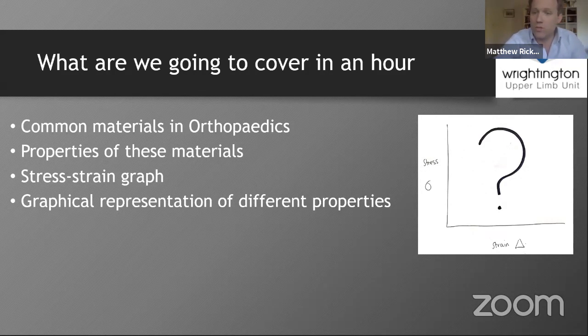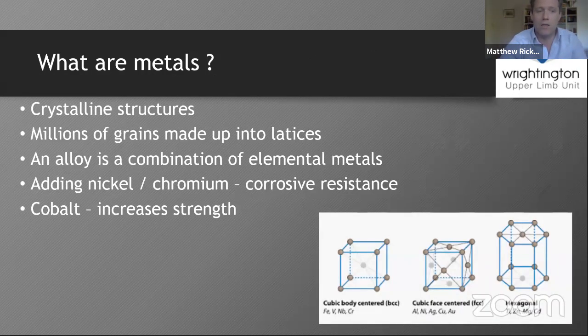We will go through the stress-strain graph. We'll start off simple, we'll build up and look at certain areas of it. Then we'll also look at graphical representation of different properties as well, because you're commonly asked to draw these during the exam. Now your stress-strain graph is commonly asked to be drawn in the exam, taking the examiner through it as well. So kick off with, what are metals?